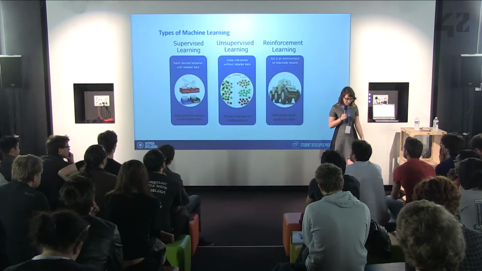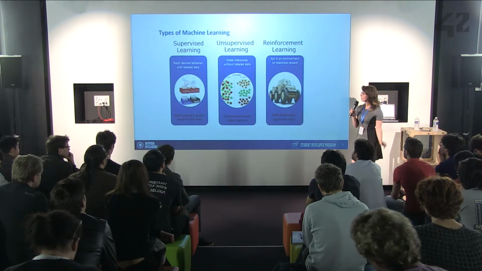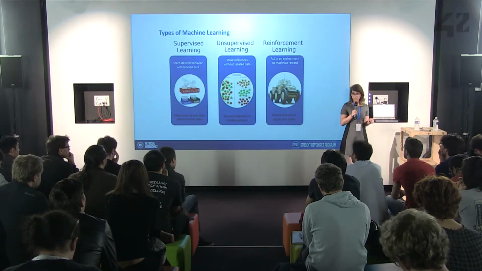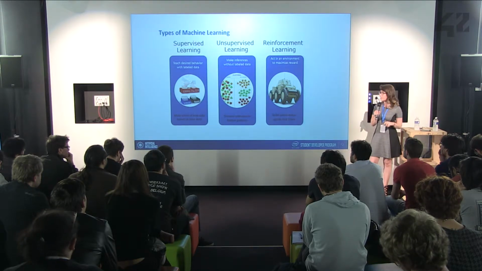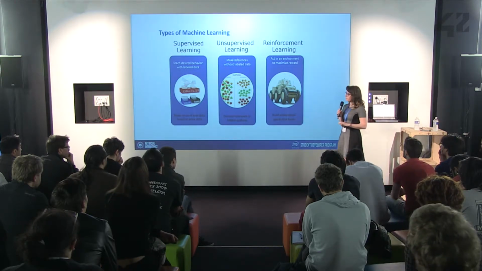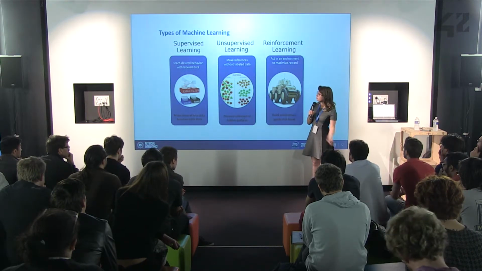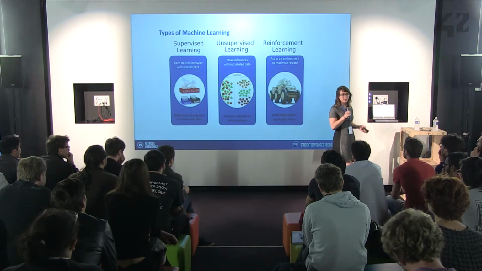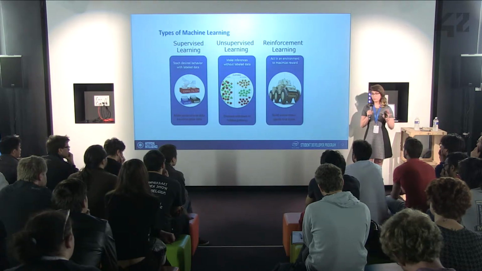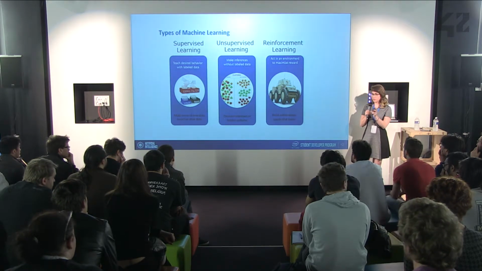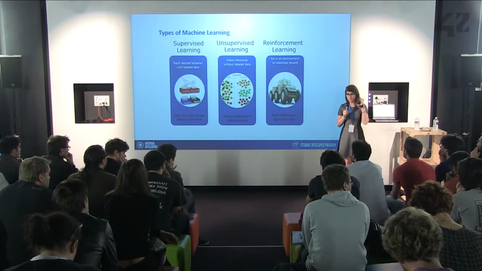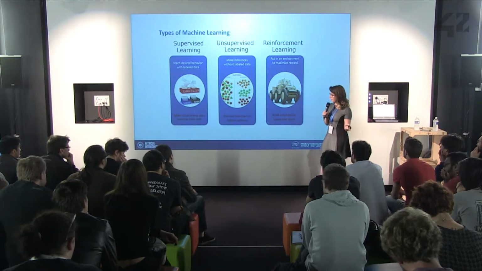In the case of machine learning, there are 3 pillars: supervised learning, unsupervised learning, and reinforcement learning. I'm going to go through all of them in detail later, but to give you an overview: in supervised learning, you have all your data, and you have to label the data with what that particular piece of data is. So you have to do a lot of things manually to label the data.